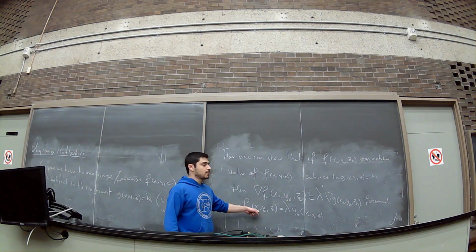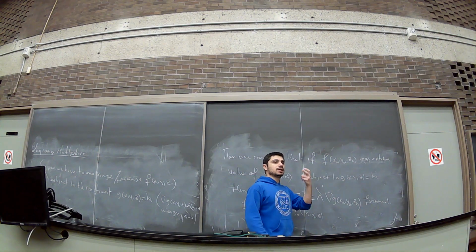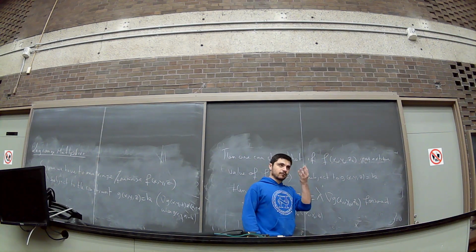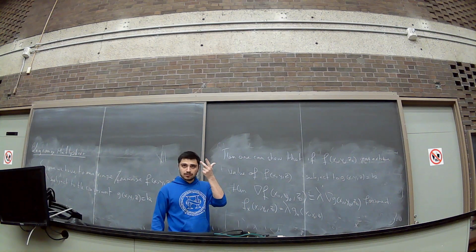So how many unknowns do I have here? X, Y, Z, and lambda. How many equations do I need? 4, right? So the gradient will give me how many equations? 3.